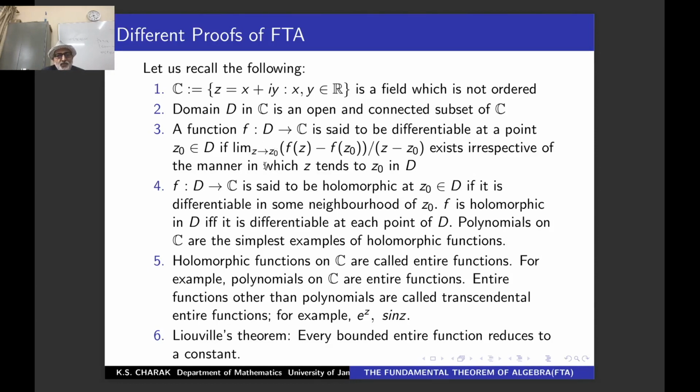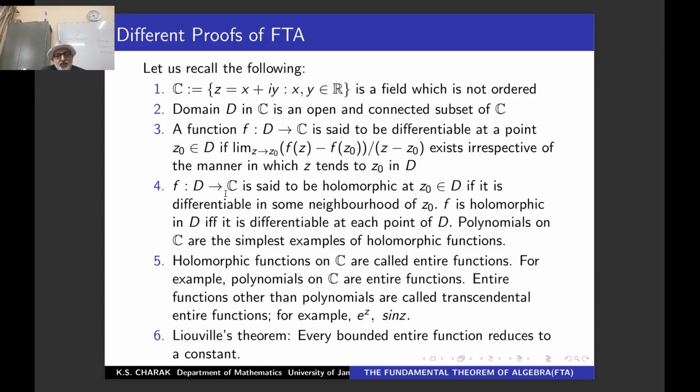So z approaching z0 means you are working in a small neighborhood of z0. This z can approach z0 in any manner, along any curve, along any path. But in all the cases, this limit must exist as a unique number. If this happens, then we say that the function is differentiable.